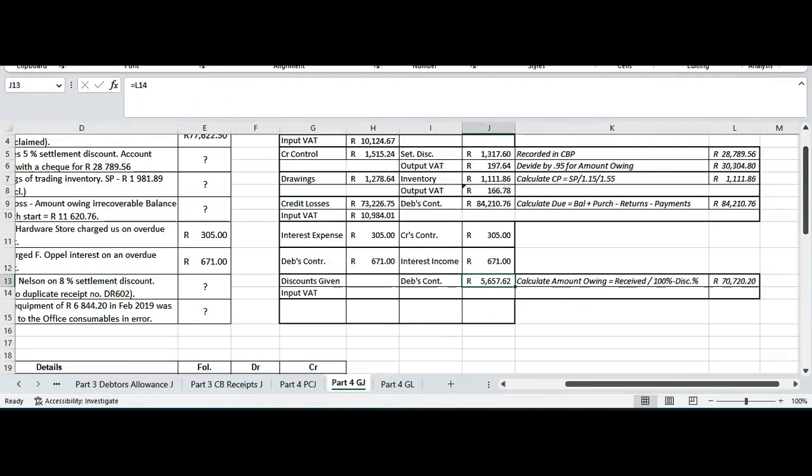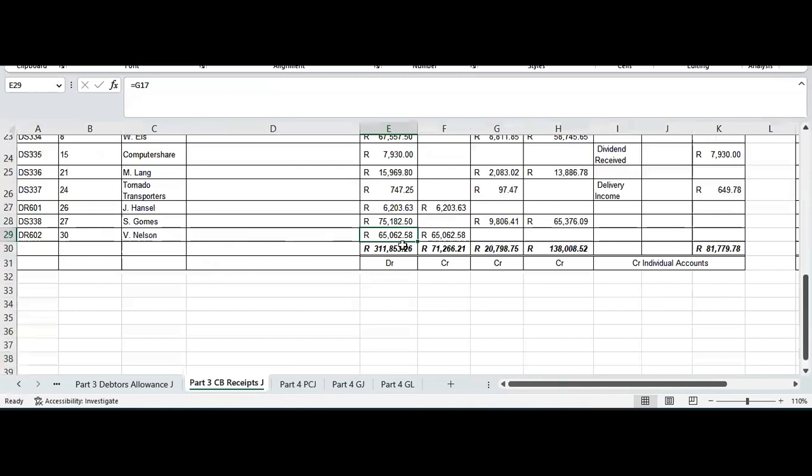Okay. Now, when he made that payment, it was already recorded. The amount that he actually paid was recorded. So now what we have to calculate is what discount we gave him.